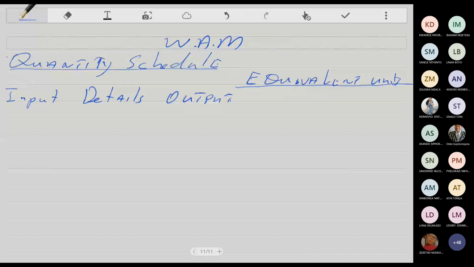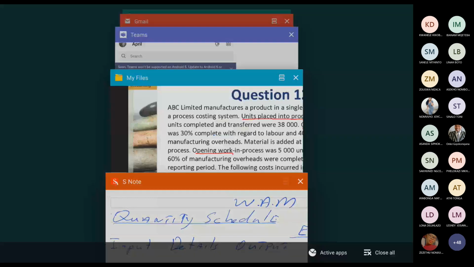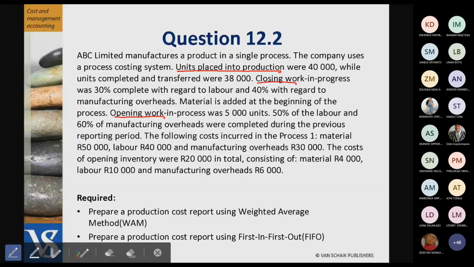In this case, unfortunately, we are going to open them separately, because we've noticed when we look between labor and manufacturing overheads, if you look at the opening, we're sitting at 50% in terms of your labor and 60% in terms of your manufacturing overheads.